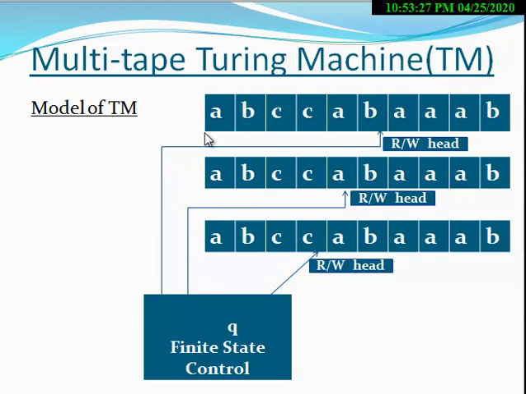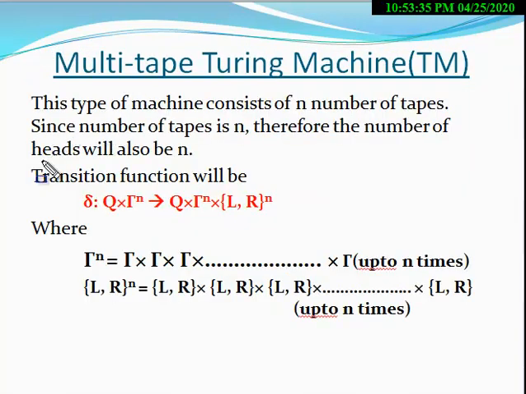Okay, now let us come to the next slide. This is the definition of a multi-tape Turing machine. Clearly, a multi-tape Turing machine consists of n number of tapes. Since the number of tapes is n, the number of heads will also be n.